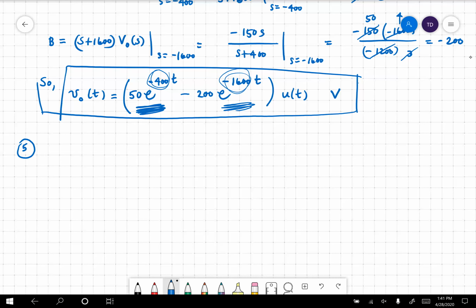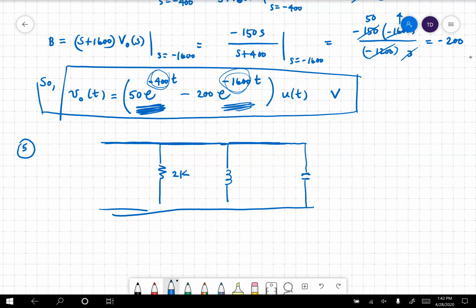13.5. So we have the following circuit, or portion of a circuit. And then 250 nano. Series RLC circuit.